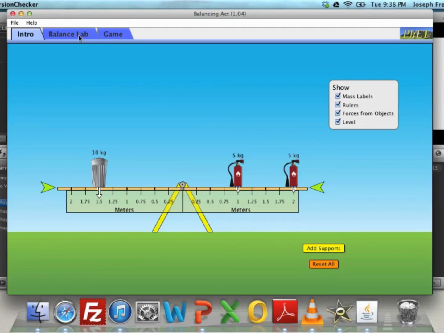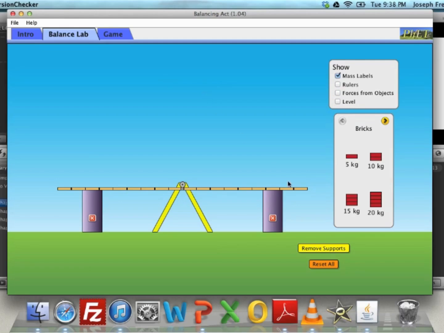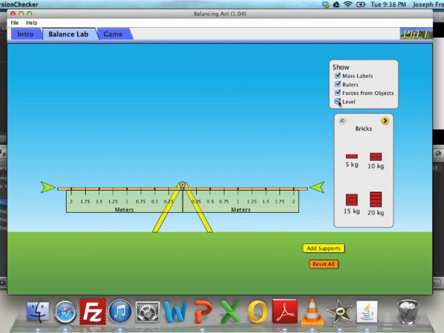Let's check out another activity. Remove the supports here, and we'll show everything. Okay, this is also fun.